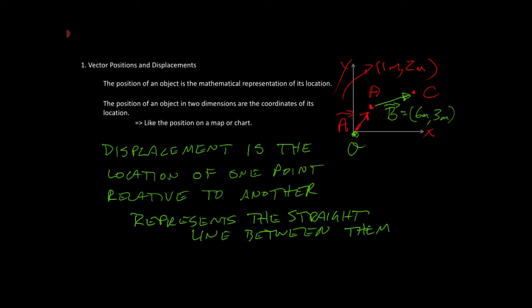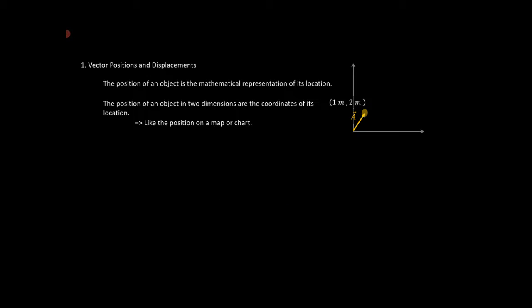Remember we said the origin is completely arbitrary. We just need to agree on it, and once we've agreed, we can say this is so far east and so far north of this origin. Wherever we decide to call 0, that's our origin.